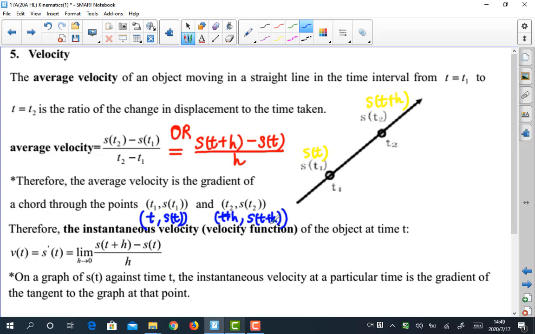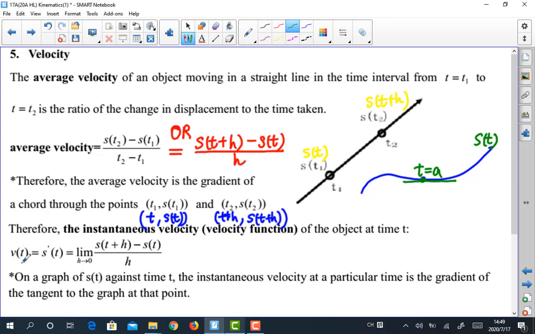What is the instantaneous velocity? When the displacement versus the time graph is a curve shape, the instantaneous velocity is the velocity at an instant, at a time t equals a, for example. So that means I'm looking for the gradient of this tangent line to the function s of t at a point t equals a.